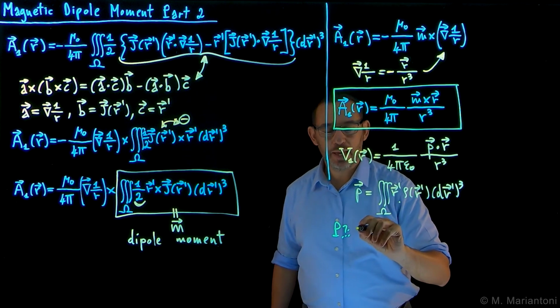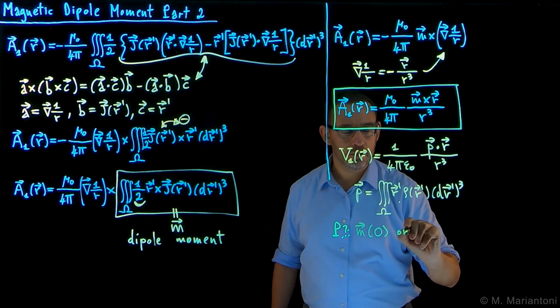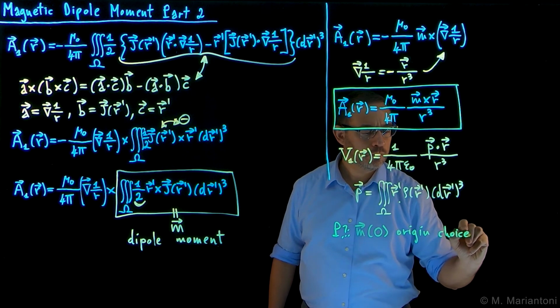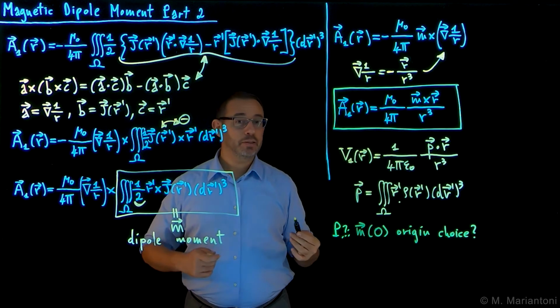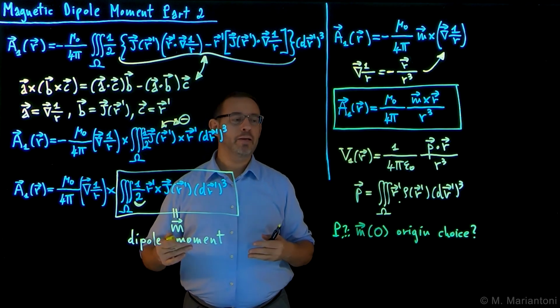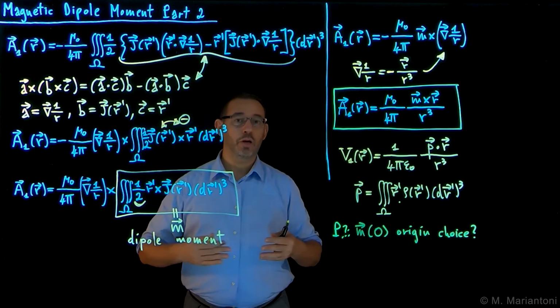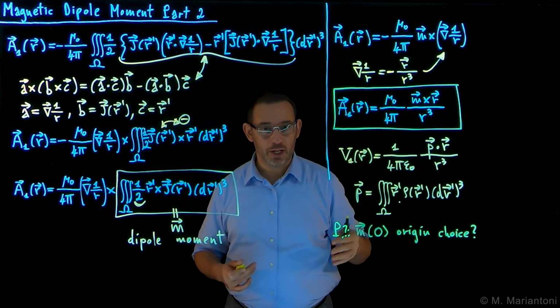So will m depend on the choice of origins? Or not? Okay? We have proven this in the case of the electric field. We have seen when the dipole moment P depends on the choice of the origin of all vectors and when it doesn't. And here I want to ask you whether it's the same case or it's not the same case.